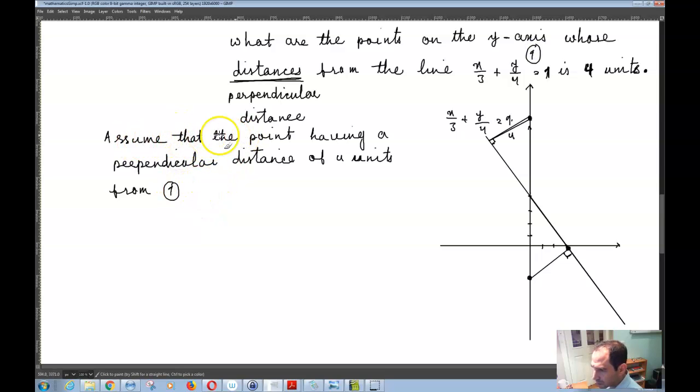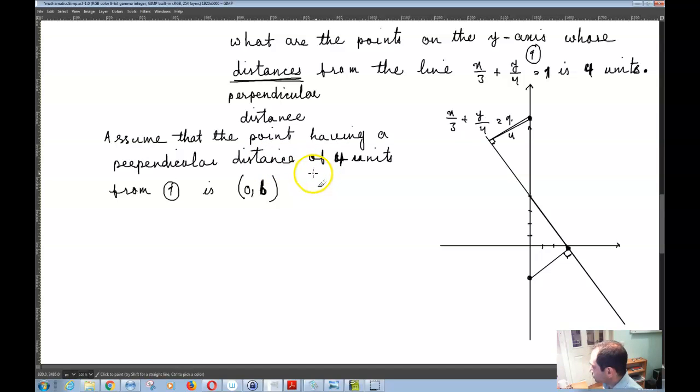Let's assume that the point having a perpendicular distance of 4 units from line 1 is basically, since you're on the y-axis, of course your x coordinate is 0 and your y coordinate is, let's take it as b, for example. You could take anything over here, of course, but let's take it as b.